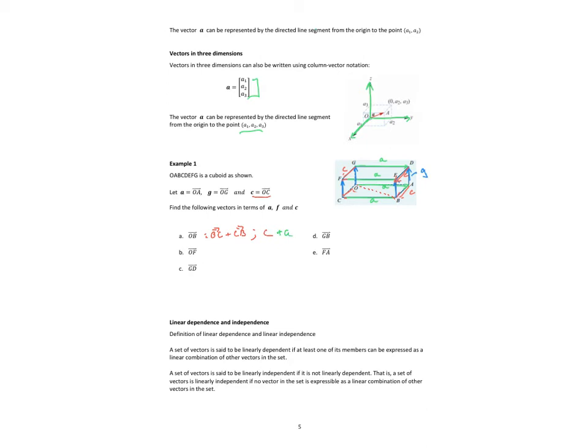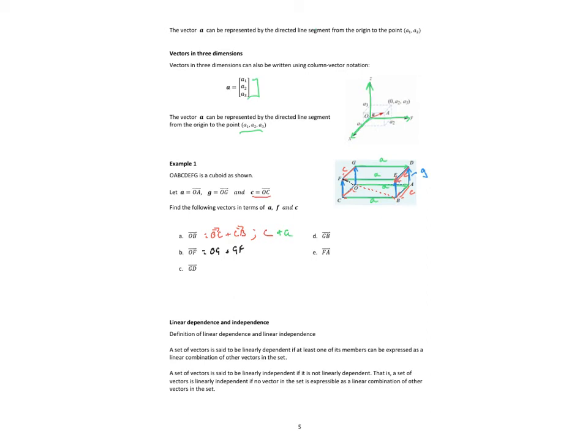What about OF? O to F, where I can get from O to F, it's along there. So from O to F, I could go OG plus GF. And where's OG?